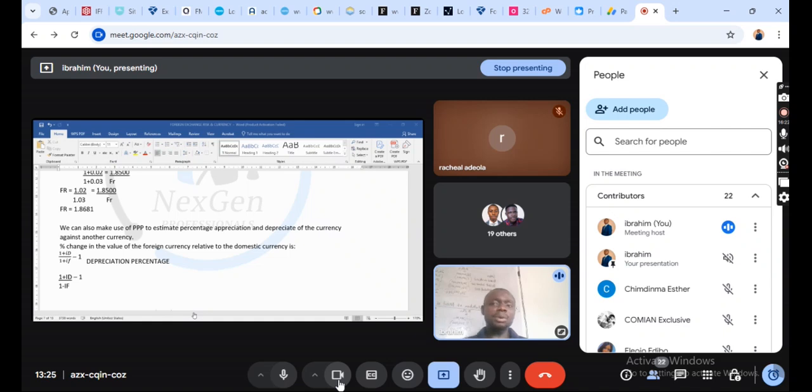Check your spot rate again; probably you did not place it well. Don't just relax and say that since you have a negative percentage, there is a percentage depreciation. So in a nutshell, the first one is determining depreciation of a currency's spot rate, and the second one is the appreciation class.